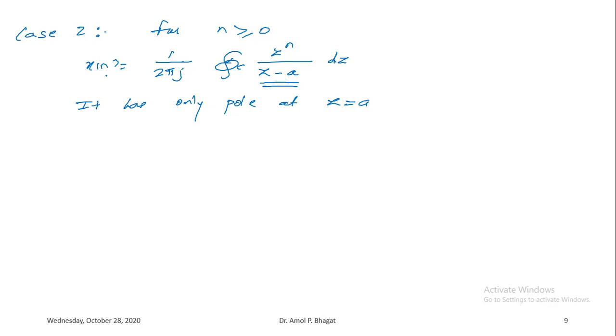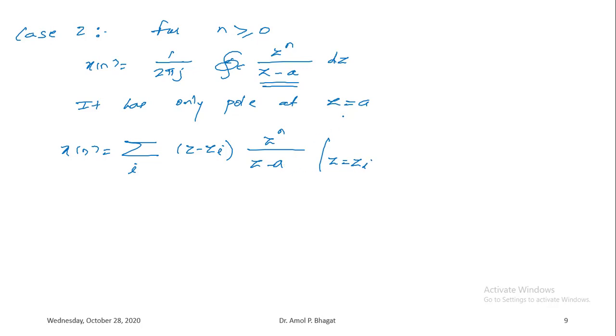So if I am evaluating this contour integral by using Cauchy residue theorem, again I can write x of n equals the sum over all i of (z minus zi) times z to the power n upon z minus a, at z equals zi.